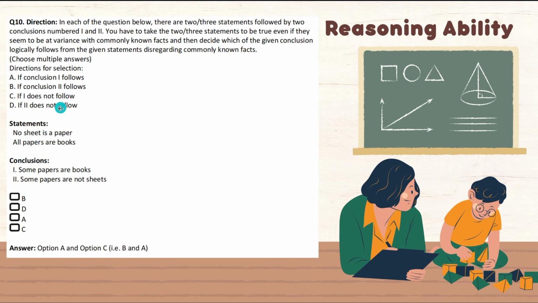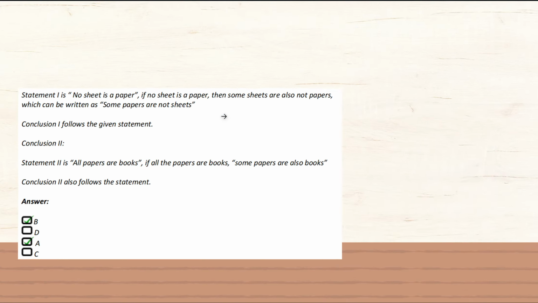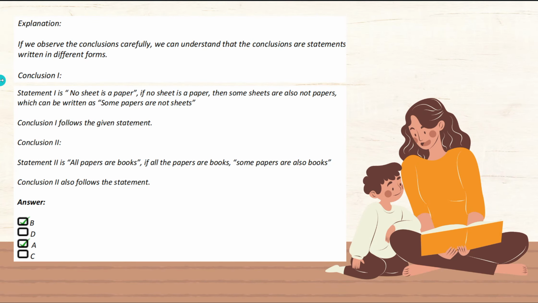You have to say which of the conclusions follow. See, no sheet is paper, all papers are books. The conclusions are: some papers are books, and some papers are not sheets. Option A and option C are correct, that means B and A are correct. Let us see the explanation. If we observe the conclusions carefully, we can understand that conclusions are statements written in different forms.